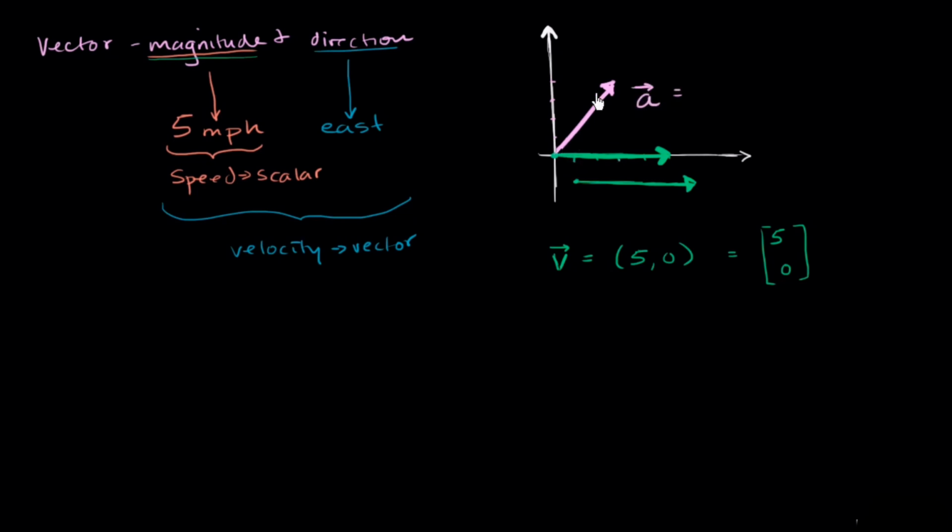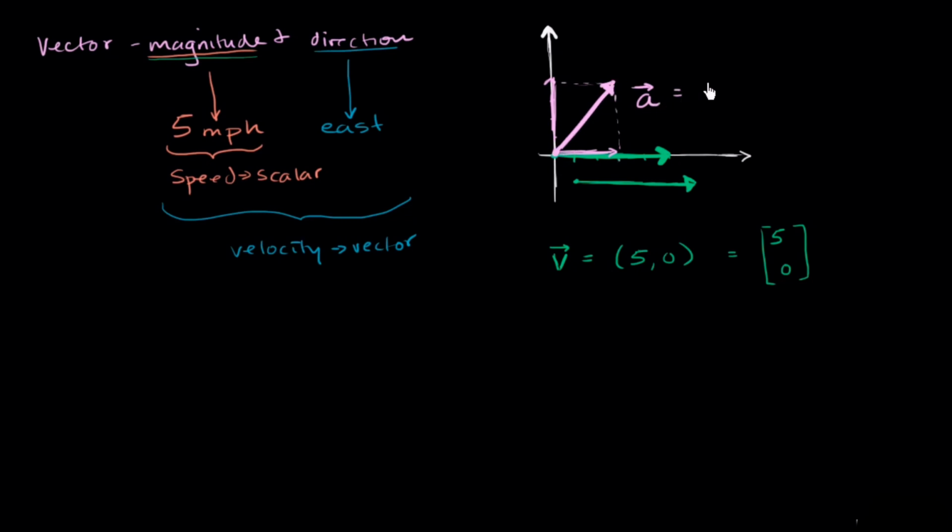And you see here that if you were to break it down, it is shifting 3 in the horizontal direction, and it's shifting positive 4 in the vertical direction. We get that by literally thinking about how much we're moving up and how much we're moving to the right when we start at the end of the arrow and go to the front of it.